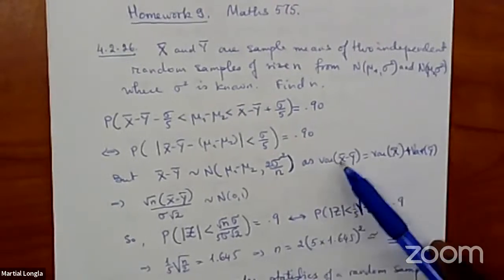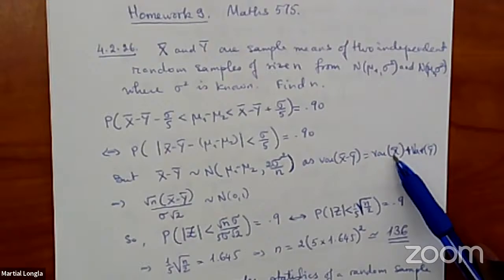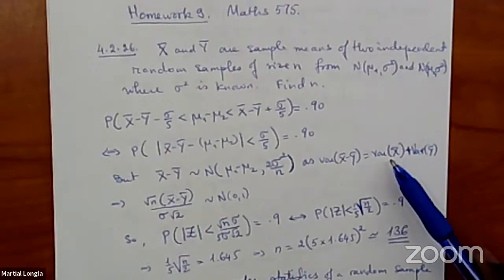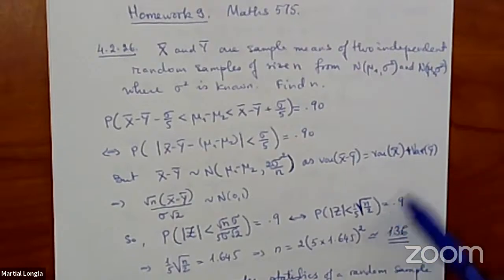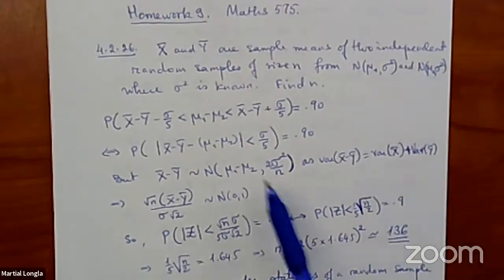Why? Because the variance of x bar minus y bar is the variance of x bar plus the variance of y bar, and the variance of x bar is sigma square over n. The variance of y bar is sigma square over n because they have the same variance. That's the reason why you have 2 sigma square over n.